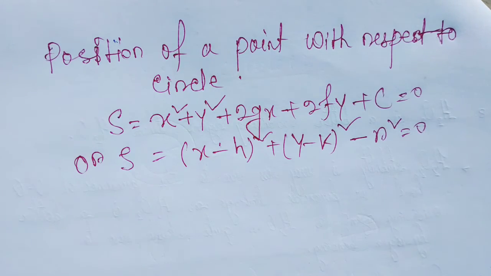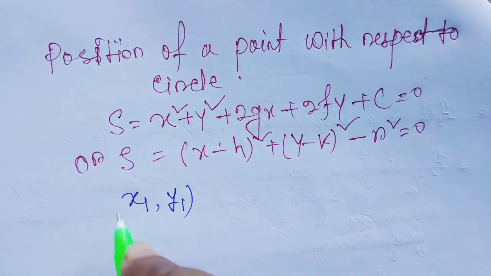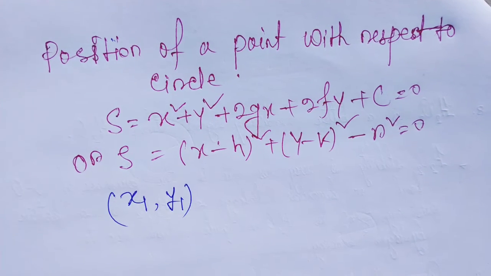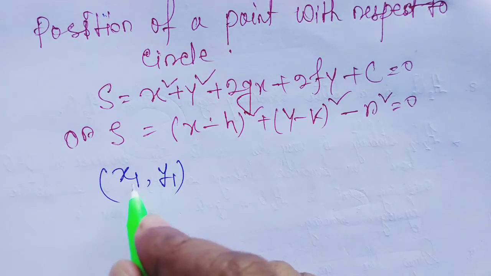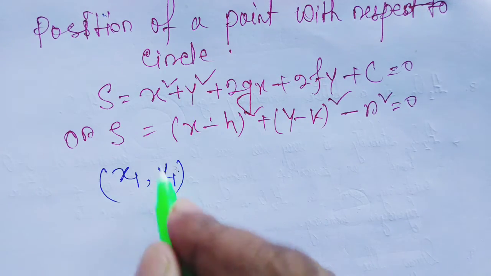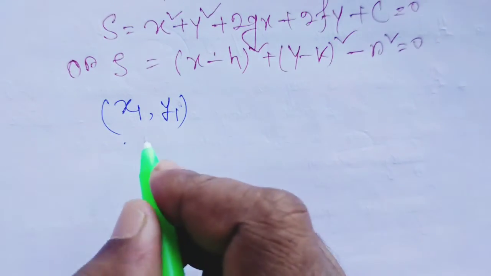And think that (x1, y1) be any point on the plane of the circle. Then just put this point in this equation.